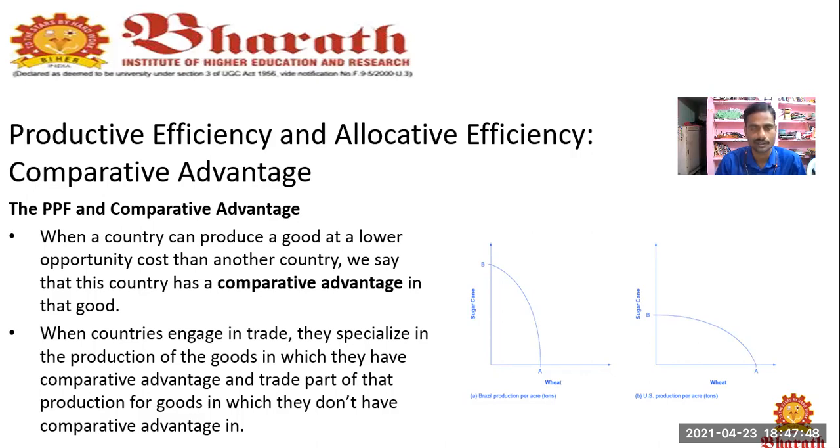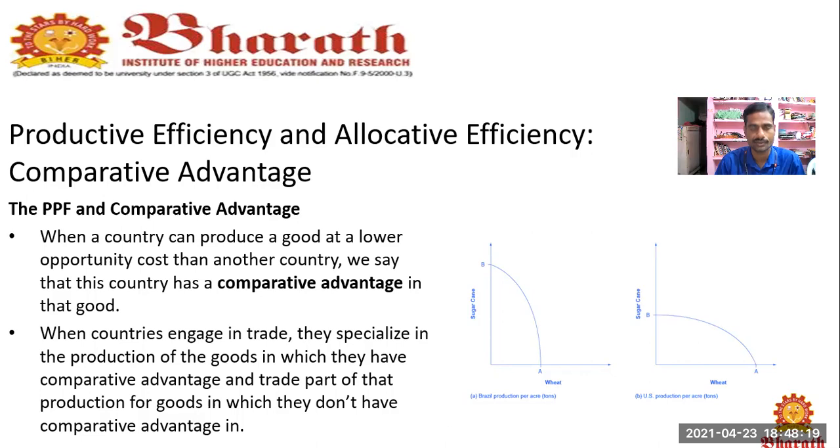So in this situation, the states that are performing well can produce and can invest. Other states should not invest during this situation. They may invest later, after some years. They have to invest. So this is called a comparative advantage.